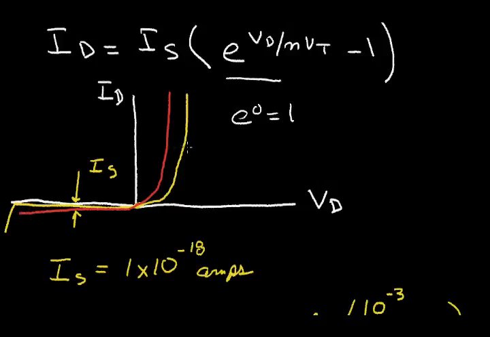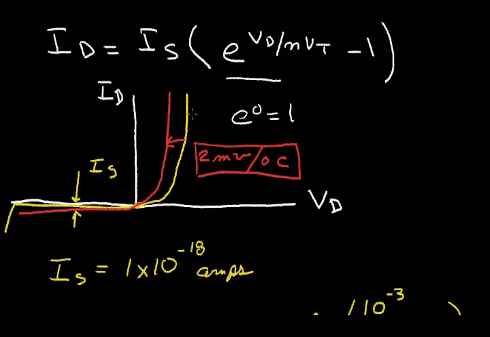Now there's a rule of thumb about the voltage drop at a particular current across the diode. And as the temperature increases by 1 degree centigrade, the voltage drop decreases by about 2 millivolts. 2 millivolts per degree centigrade. So this is a good number, or good rule of thumb to remember.